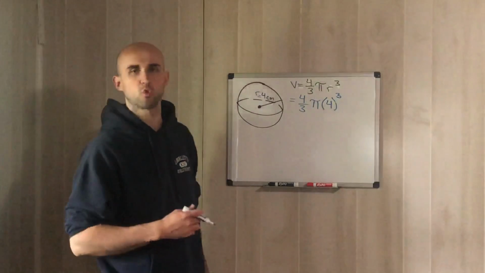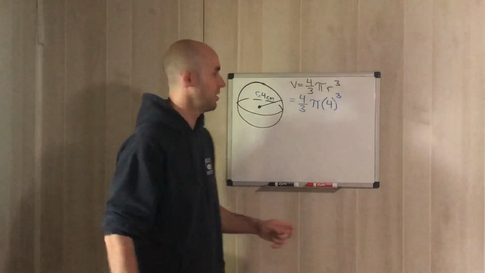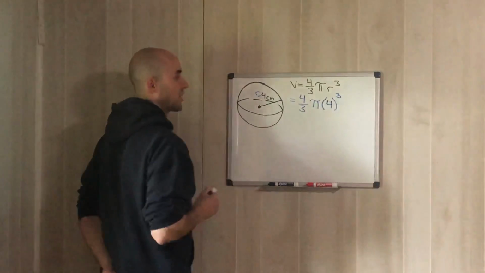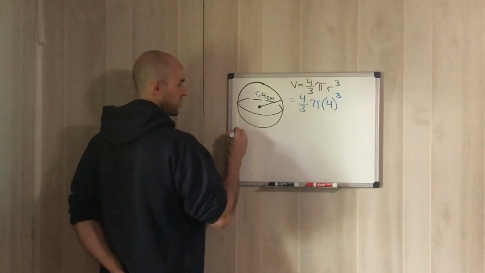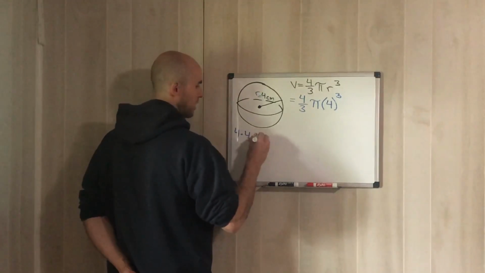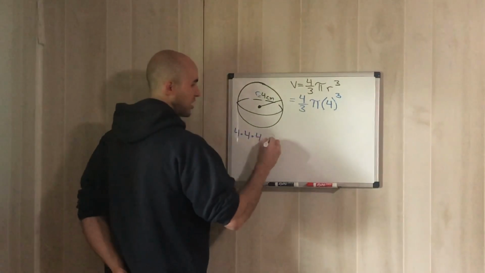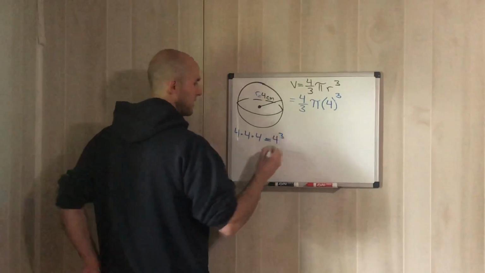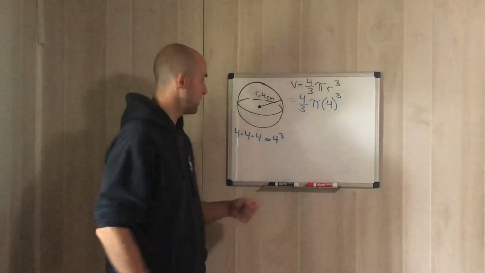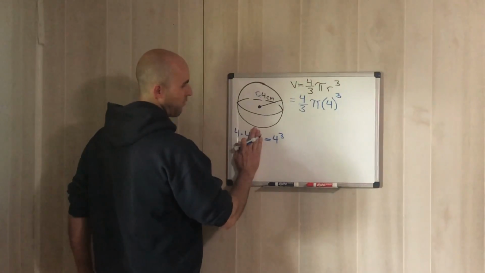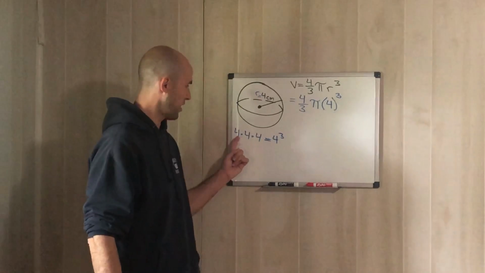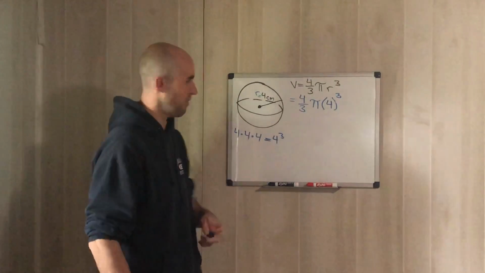Because if it was 4 squared, it would mean 4 times 4. Since we're dealing with 4 cubed, it means that we're actually going to do 4 times 4 times 4, right? Because that's what 4 cubed means. 4 cubed literally means you have 4 times 4 times 4. If you had 4 squared would mean 4 times 4. But since it's 4 cubed, it's telling you you're going to multiply 4 3 times. 1, 2, 3. That's where the 3 comes from, the cube.